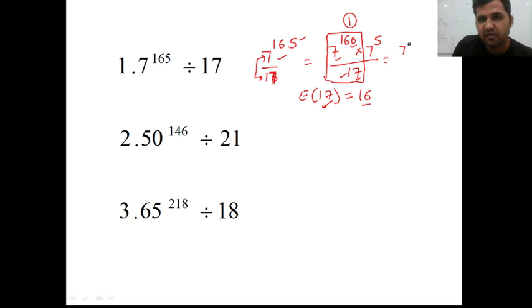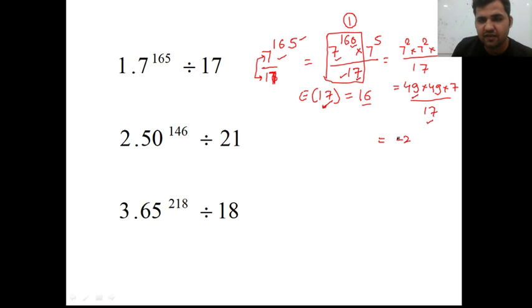Now 7 power 5 is what? 7 power 2 into 7 power 2 into 7, divided by 17. Now 7 power 2 is 49, second 7 power 2 again 49, into 7 divided by 17. Now you can use the basic concept of remainder theorem. 49 when divided by 17 will give you a remainder of minus 2, right?